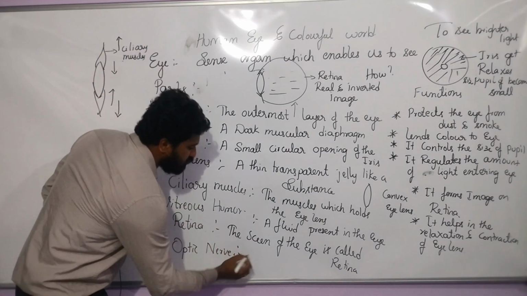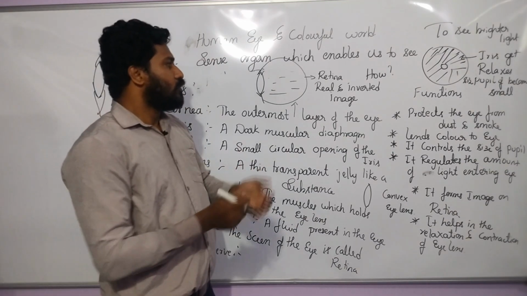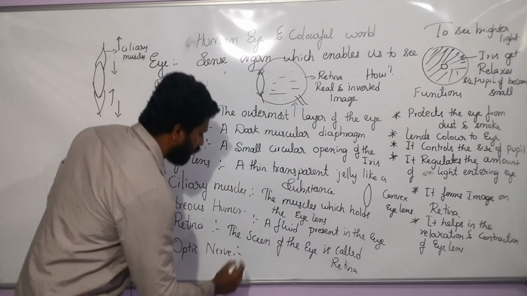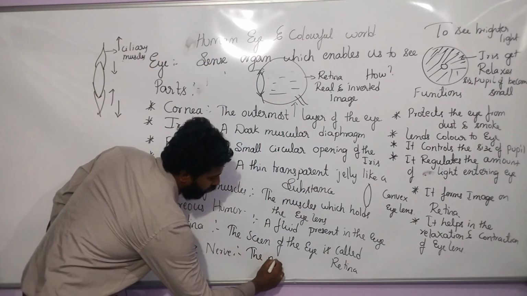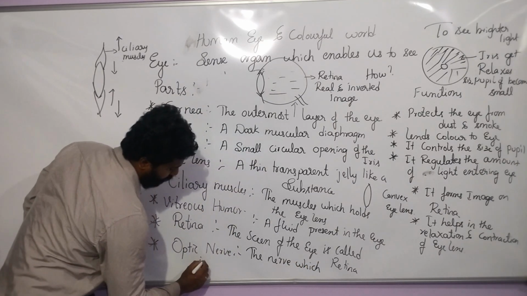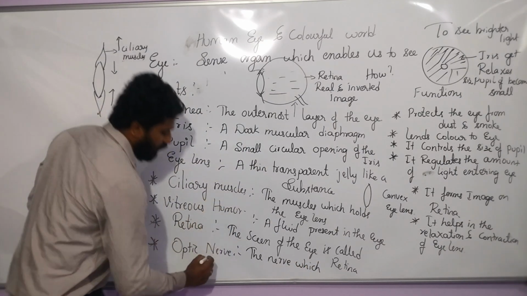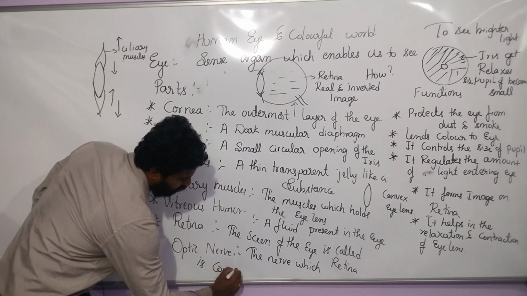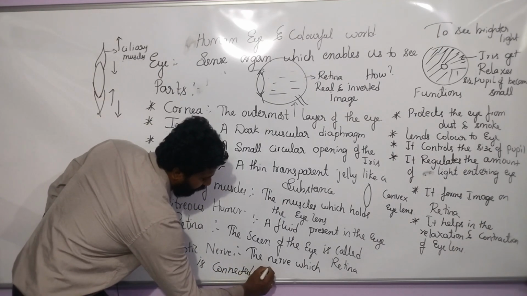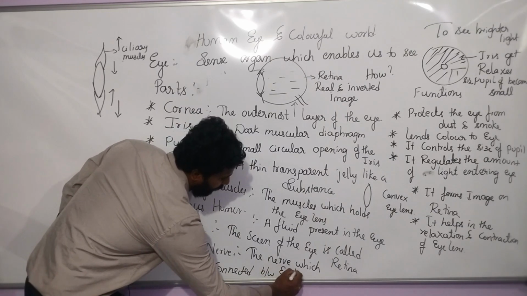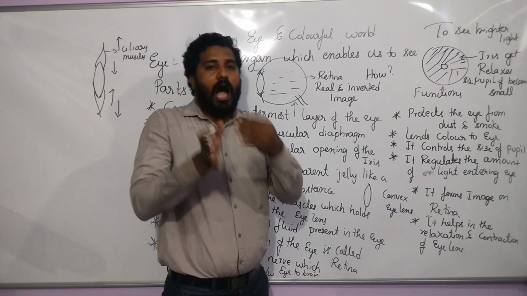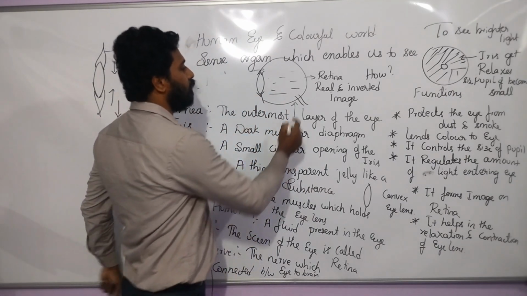At last we have the optic nerve. What is an optic nerve? The nerve which is connected between the eye and the brain.